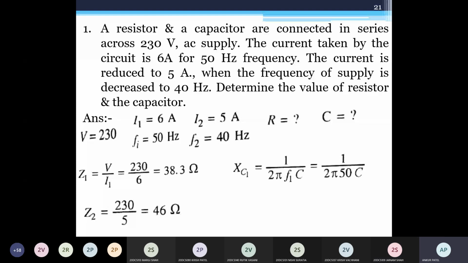XC1 is equal to 1 upon omega C, so that is 1 upon 2 pi F1 into C, so that is 1 upon 2 pi 50 into C. XC2 is equal to 1 upon 2 pi F2 into C, so that is 1 upon 2 pi 40 into C. Up to this, any doubt? No, sir.